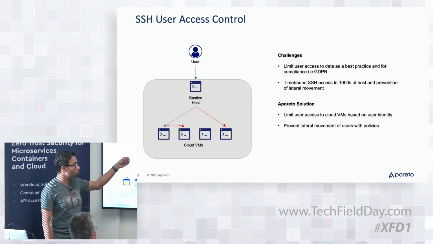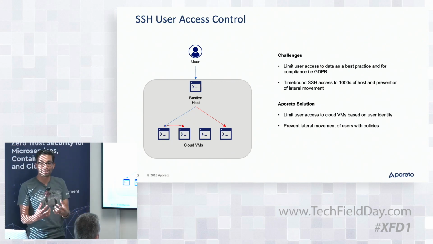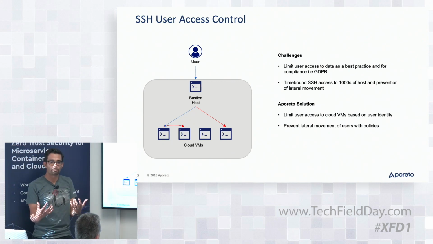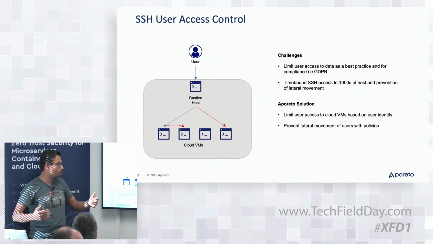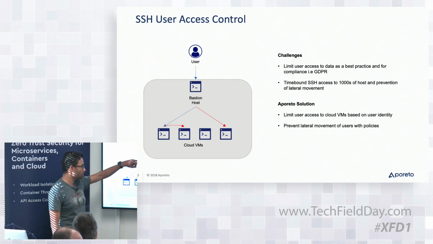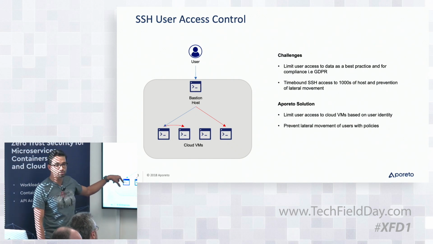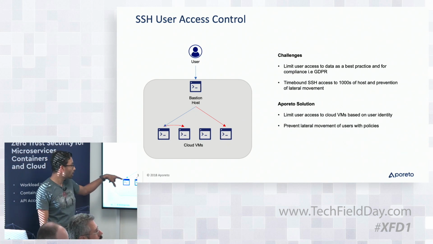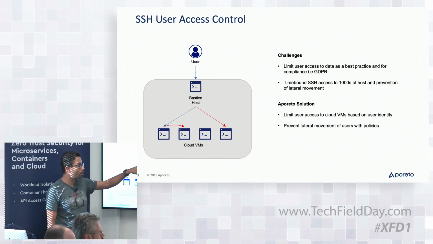We can solve this problem because the user shows up as an identity in our platform, and you can use this identity to determine what that user has access to. Now you can't laterally move. A user that requests access can only get access to the systems they've been given access to, for the time they've been allocated. They can't laterally move within that environment.